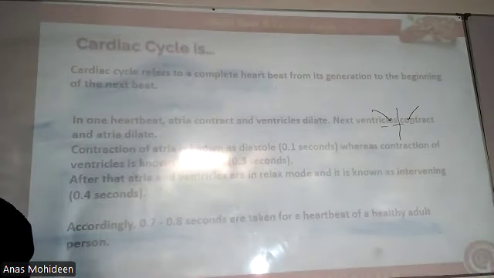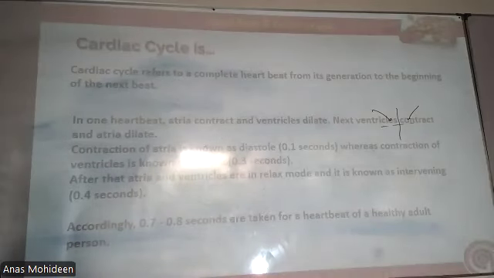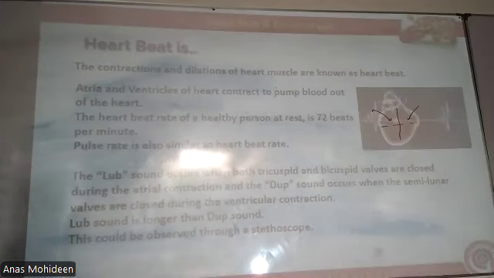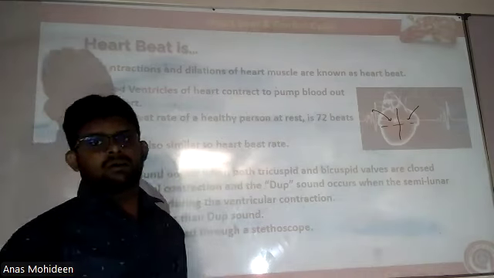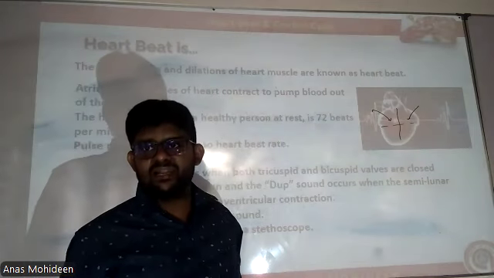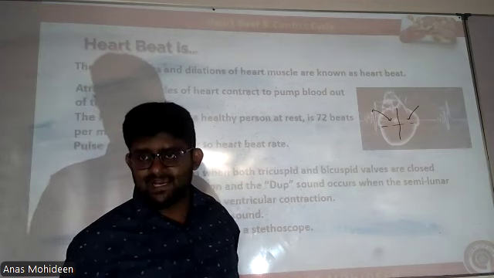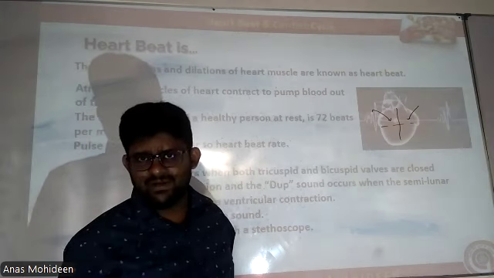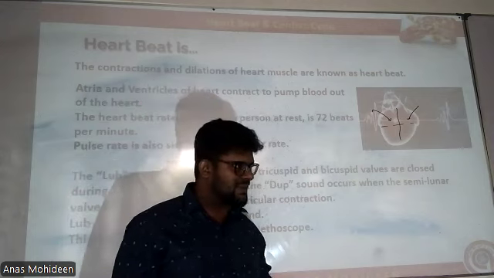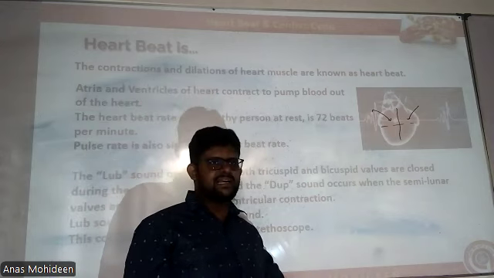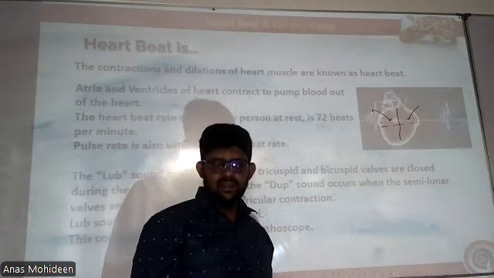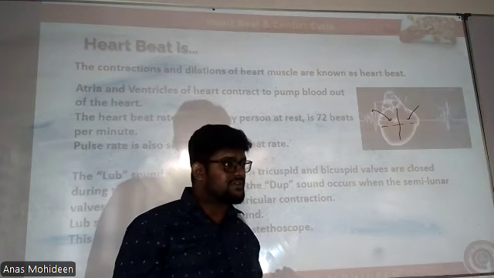That is why we get the pulse rate. What is our pulse rate usually? 72 beats per minute. Per minute, 60 seconds are there. If it takes 1 second for one complete cardiac cycle, only 60 beats we will have. But we are getting 72. Why 72?